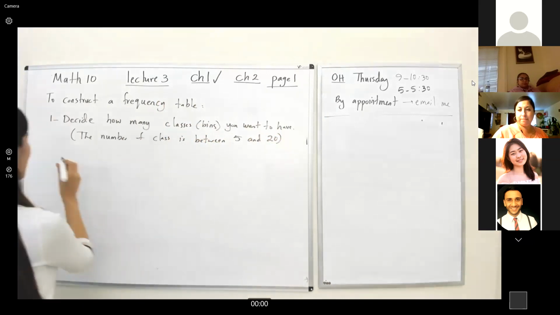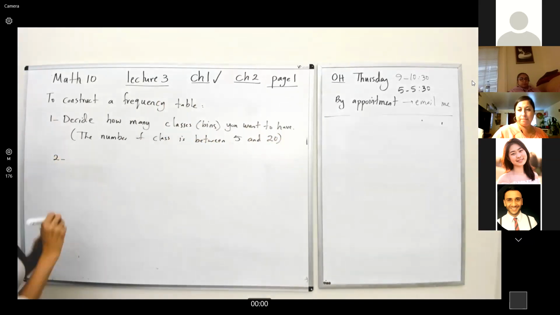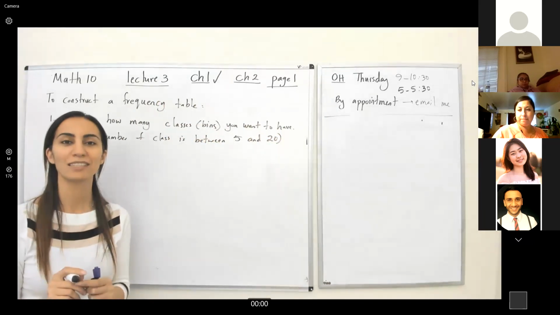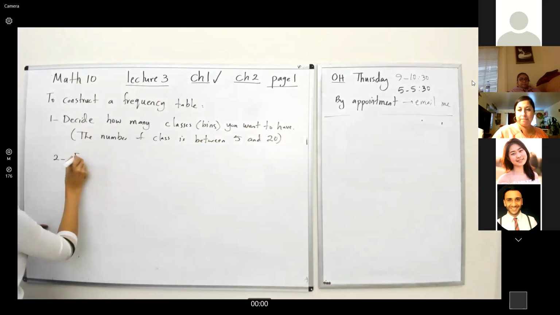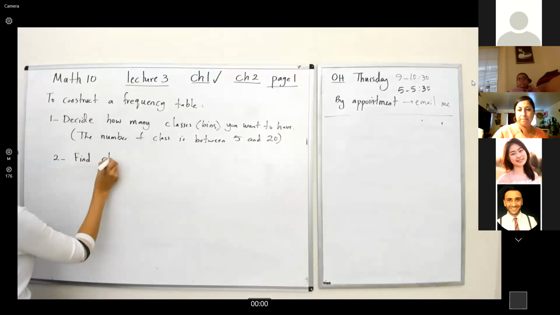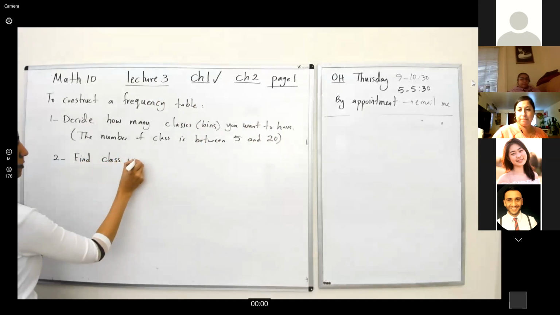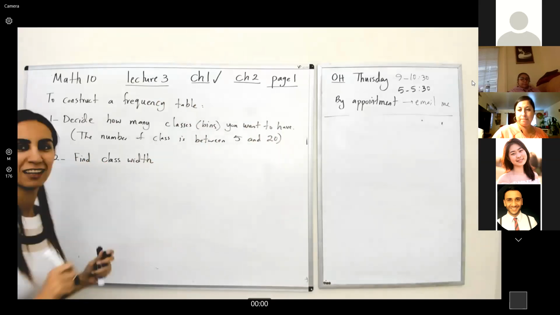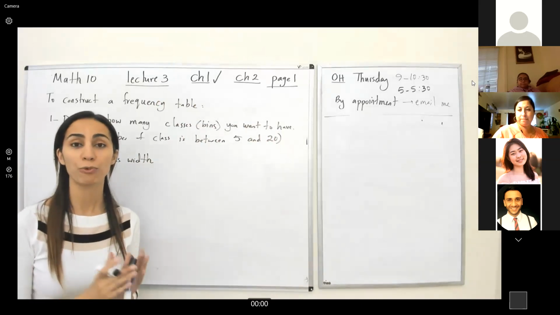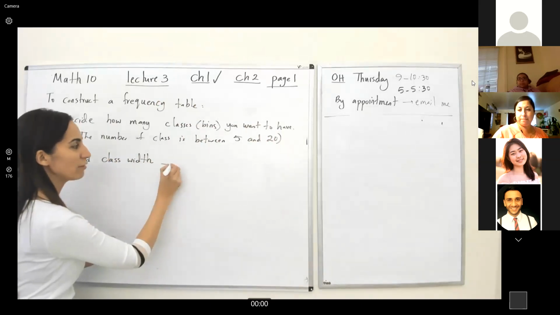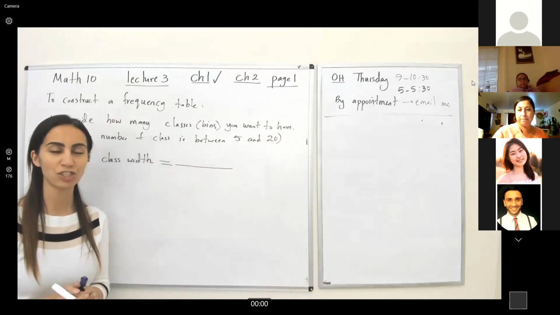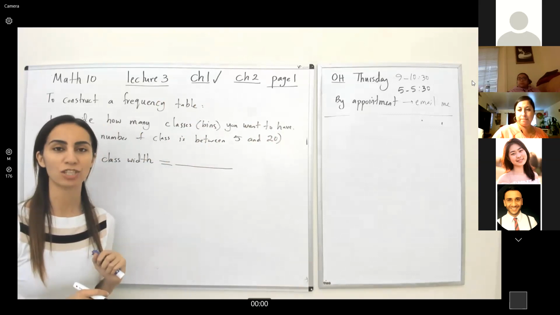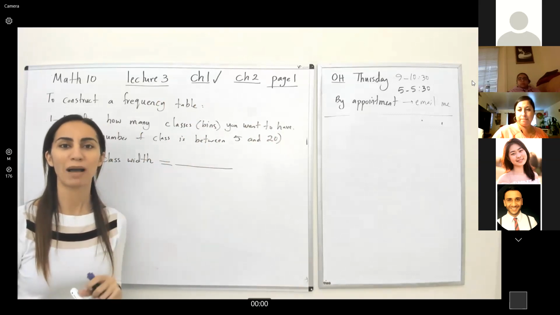Then, calculate the class width. To find the class width, you have to do a little bit of algebra. You have to form a fraction. On top of the fraction, you need to identify your maximum value.